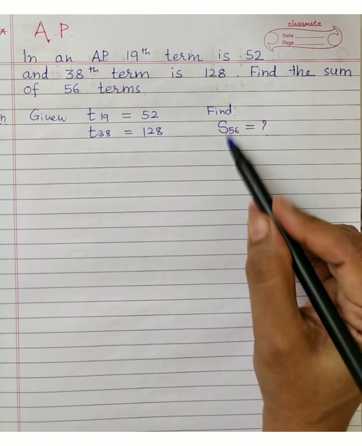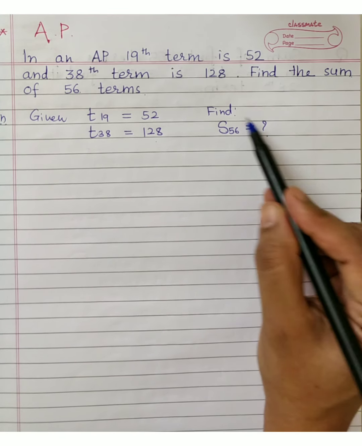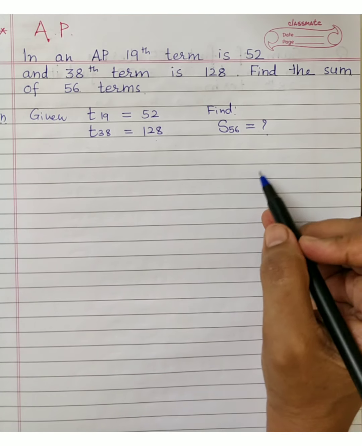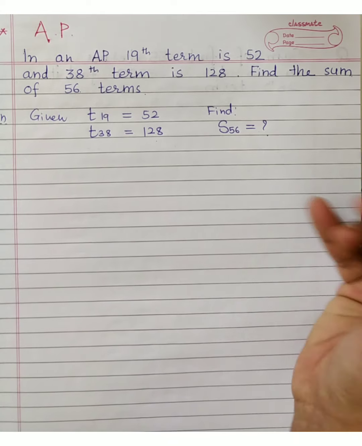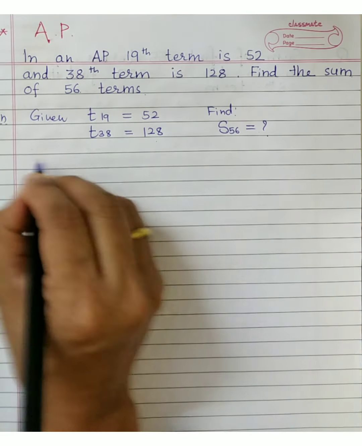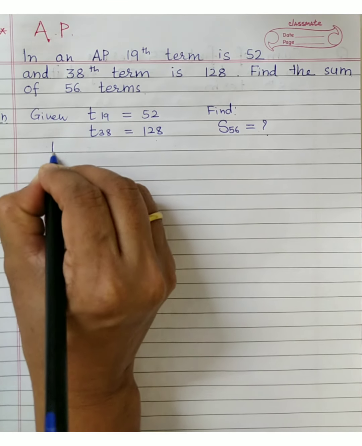But as I mentioned first, these are tricky sums. We will keep in our mind what is given to us and what is to be found. So let's proceed with this first. If I assume that the first term is A and the common difference is D, then see what I get.